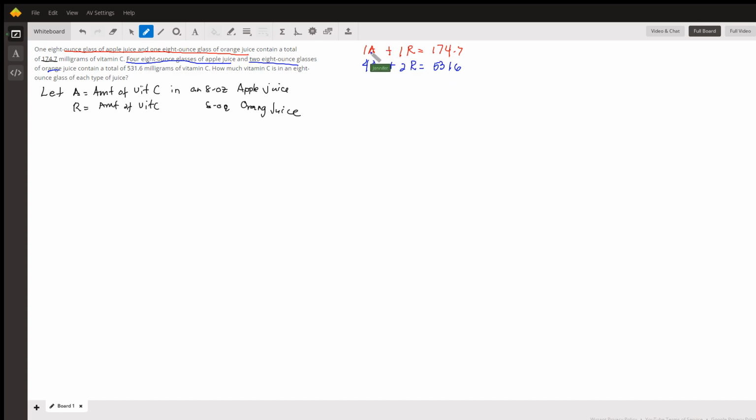So if you want to eliminate A, well, this is 4, that's 1. So what you can do is multiply this equation by -4. When you multiply that by -4, 4 times 1 will become -4, so that will cancel out this A here. Alternatively, you can multiply this by -2, then you can cancel out the R.